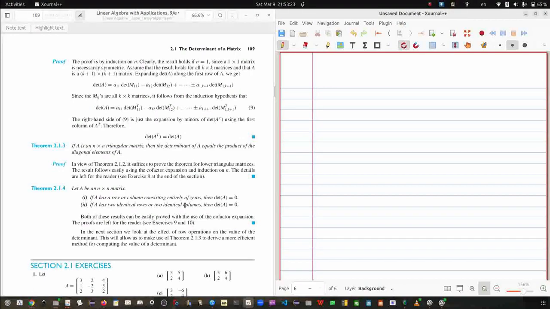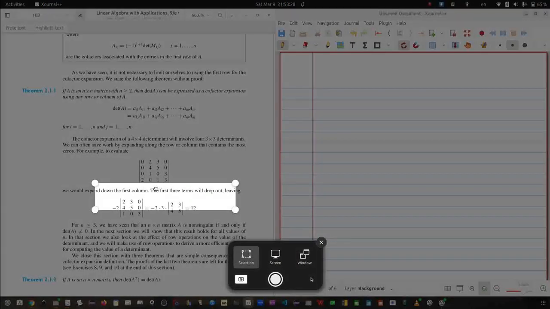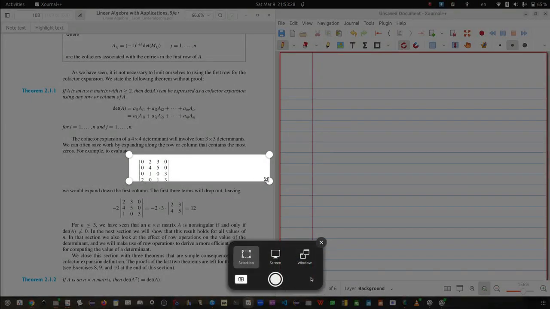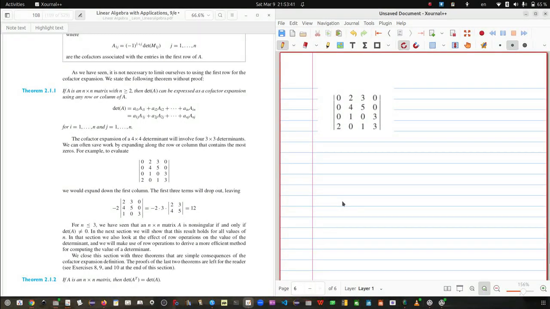I will not go with the generic, but I will go with the numbers, only showing the location of the elements. So let's say you are talking about this matrix, and you want to find the determinant of it. Forget about the zeros and the point in the book right now. I'm talking about the general matrix.